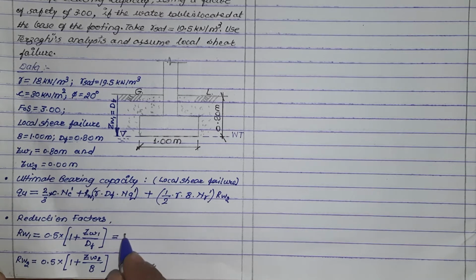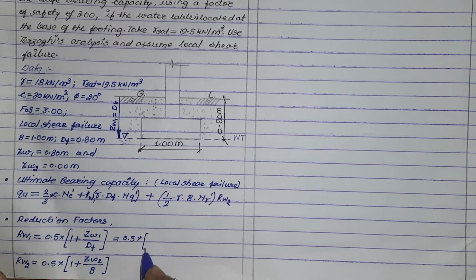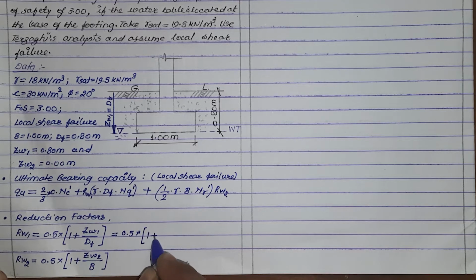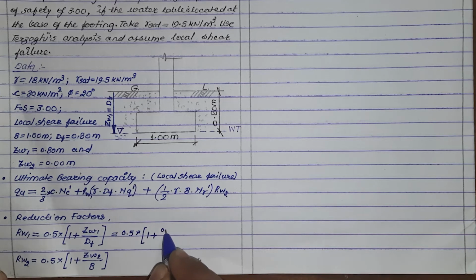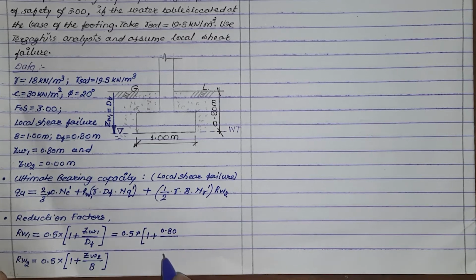this is equal to 0.5 multiplied by 1 plus ZW1. 1 will be written as it is. ZW1 is equal to depth of foundation, which is 0.8 meter, because water table is located at the base of the footing. And what is DF?